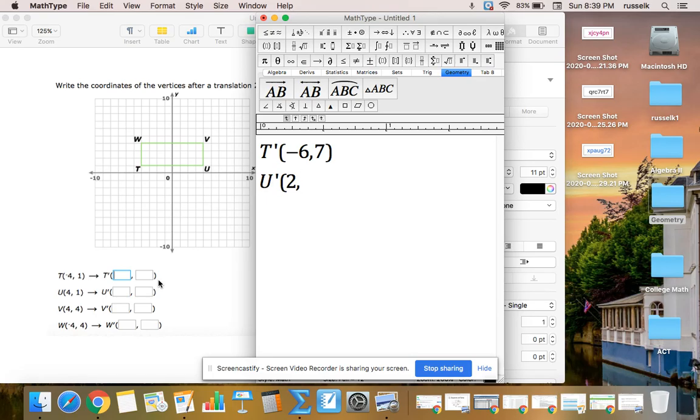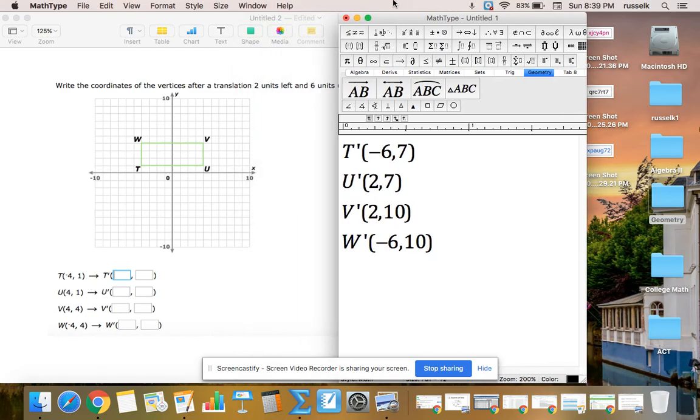And then up 6 would also put me at 7. V prime subtracting 2 would be 2, and then up 6 would be at 10. W prime subtracting 2 would give me negative 6. Up 6 would give me 10.